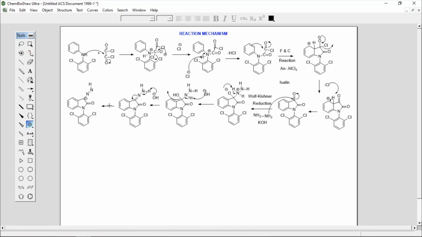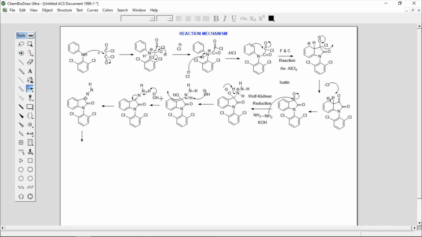Now this is a carbanion. This carbanion takes the hydrogen from the water molecule.